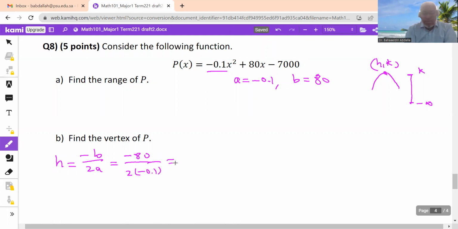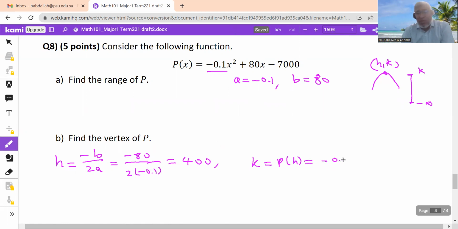And when I divide negative 80 by 2 times negative 0.1, I notice that the answer is 400. So this is h. Now to find k, this is a point on the parabola, so it satisfies the equation of the parabola. So k would be P of h. This means I replace x by 400.